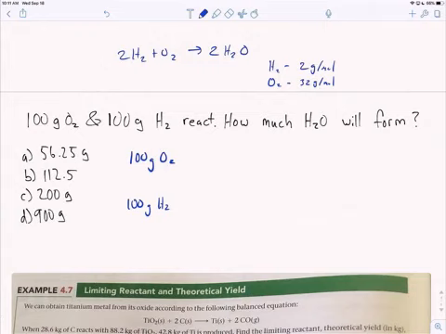Page 107. I think we did that in class. We did do it in class, but I get the concept, I just don't know how to get from point A to point B.